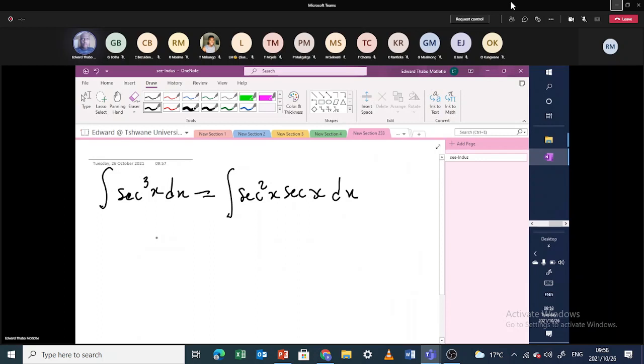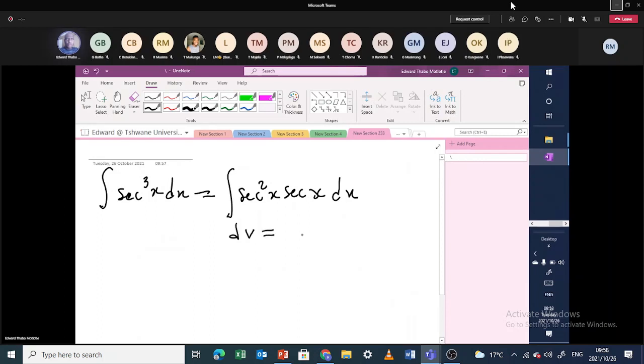So this means we can let dv be equal to sec squared x dx, and then u is equal to sec x. So let's see, when we differentiate sec x, what do we get?